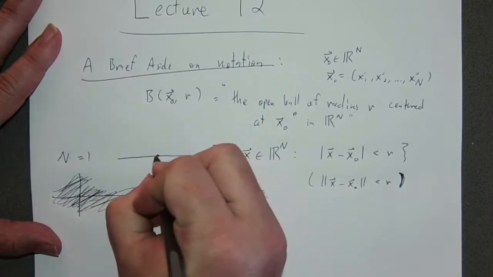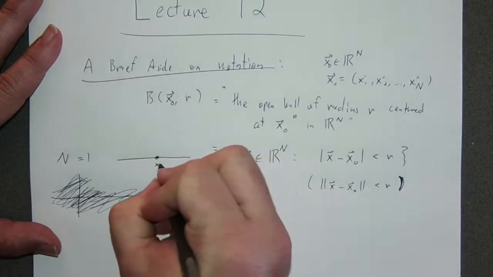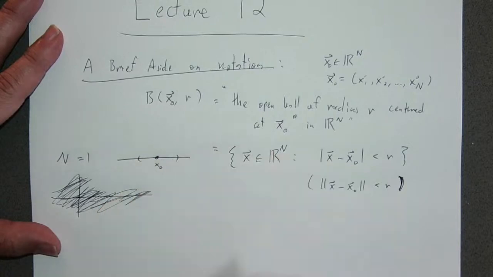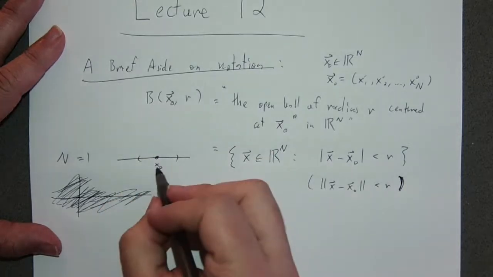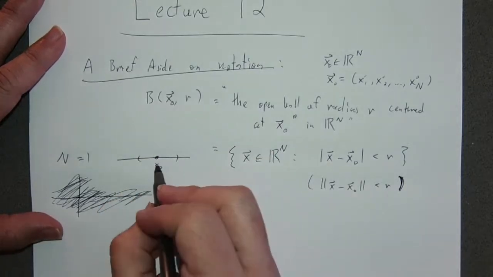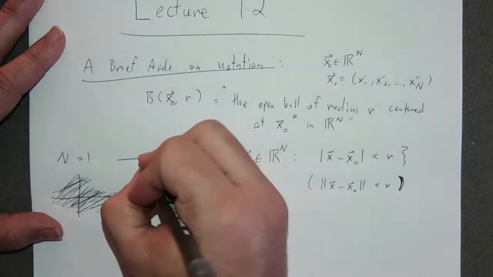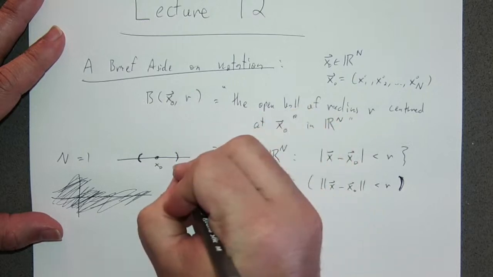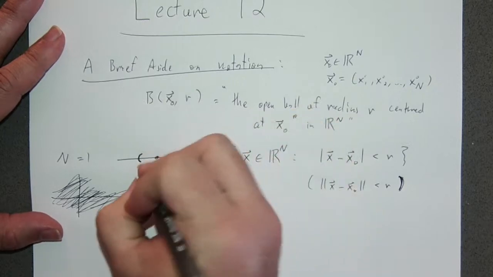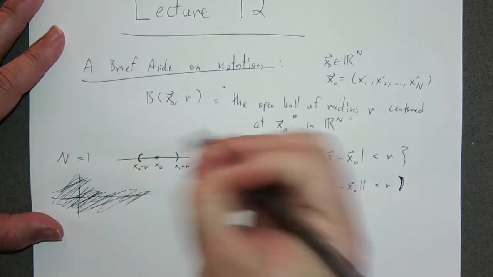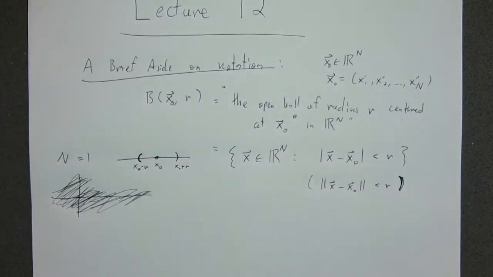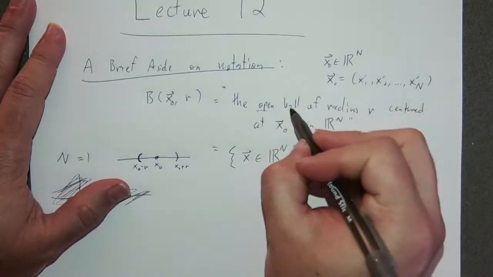Then say here is x naught, and the ball centered at x naught of radius r would be this open interval. Here would be x naught plus r, here would be x naught minus r, and this would be an open interval because of the strict inequality here, right?